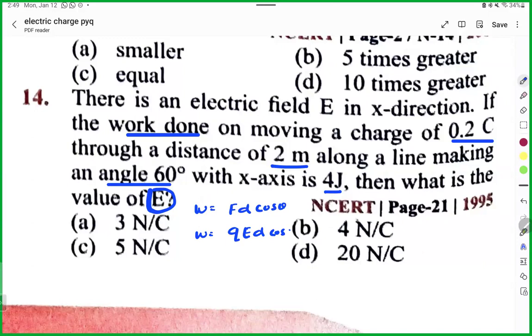Your E value will be equal to work done divided by charge, distance, and cos theta. The work done is 4, charge is 0.2, distance is 2 meters, and cos 60 is 1 by 2. What will be the answer? 20.